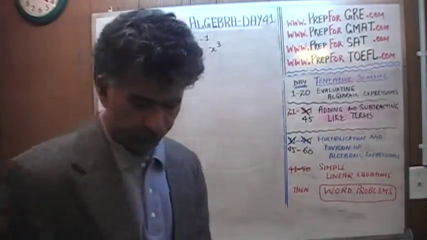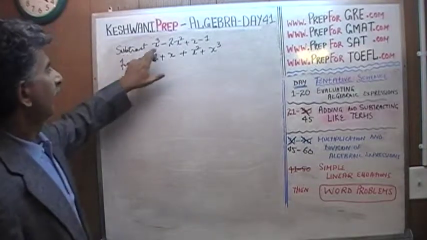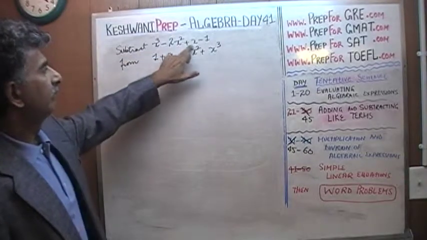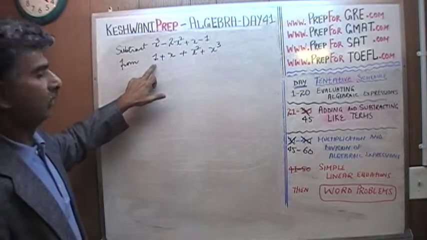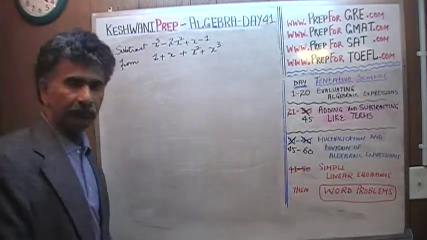That is what we are told. Subtract x cubed minus 2x squared plus x minus 1 from 1 plus x squared plus x cubed. Well, two things we have to take care of.